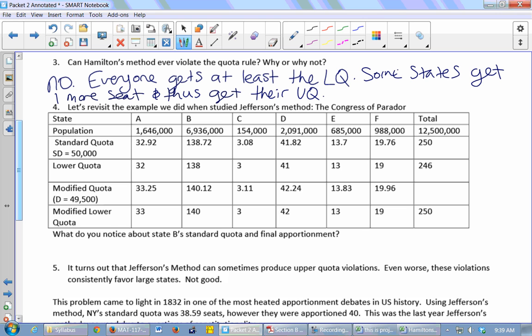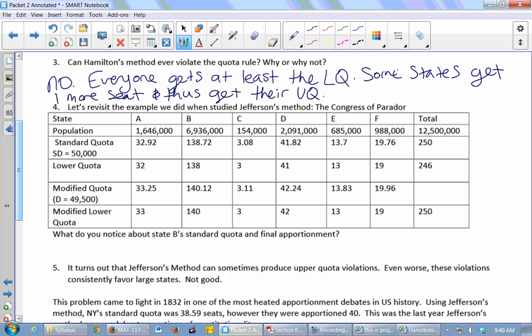Okay. So you can't have fewer than your lower, you can't get more than your upper, so this will never violate the quota rule. So that's a big pro for Hamilton's method, right? Never violates the quota rule. That's really good, because that is one of the most basic ways that we measure the fairness of an apportionment method.